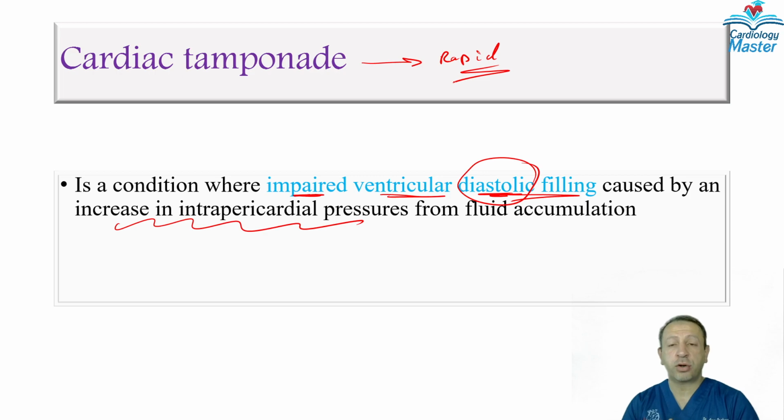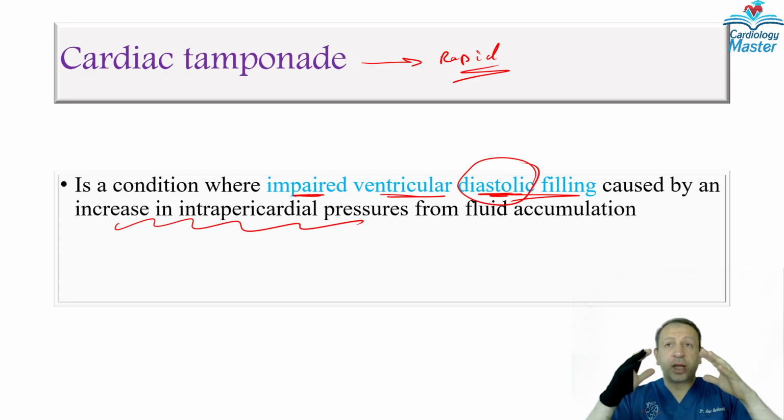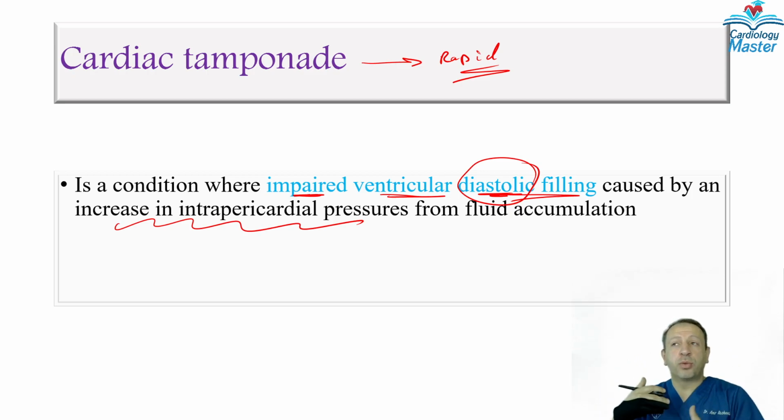The pericardium, especially the outer fibrous layer, is a stretchy layer and it can accommodate stretching. So when there is slow accumulation of fluid, it stretches and can accommodate a large amount of fluid. But when there is rapid accumulation of fluid, it has no time to stretch, and the tamponade physiology starts to appear.